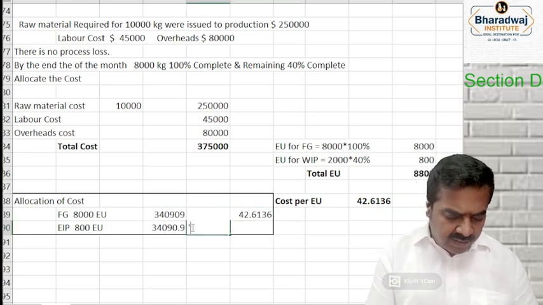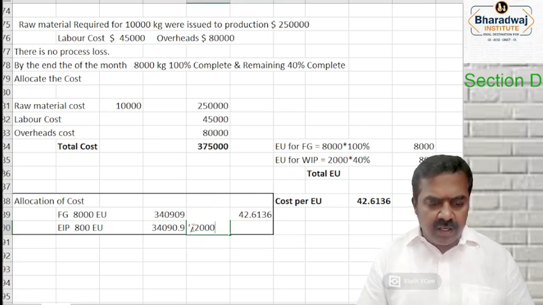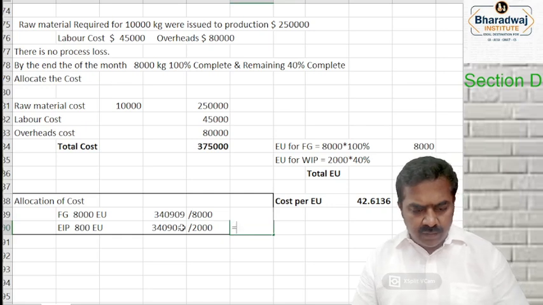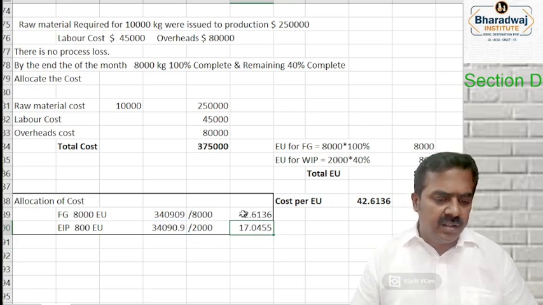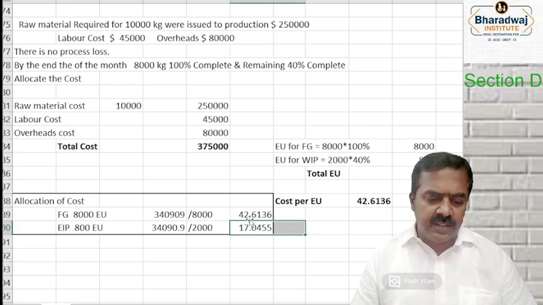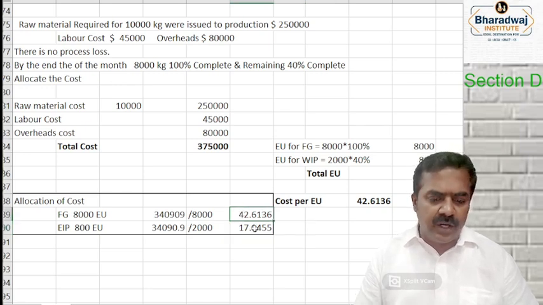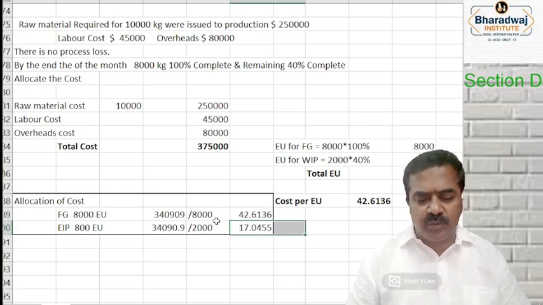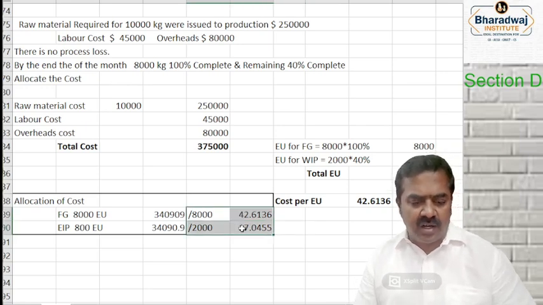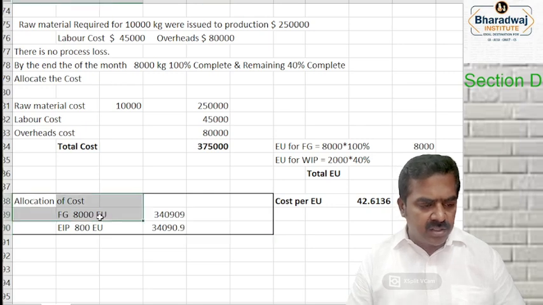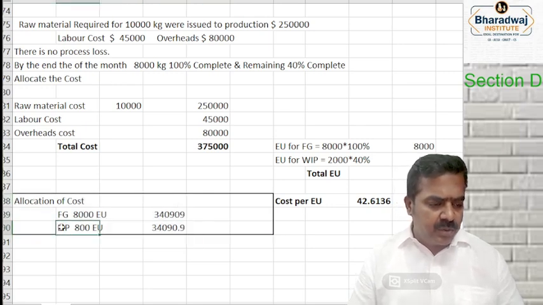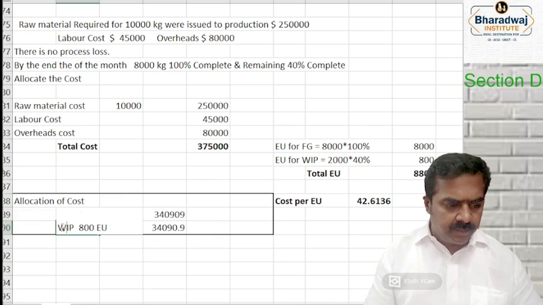This divided by WIP 2,000, you will get 17.04. This is 100%, this is 40%. If 100% is 42, 40% will be 17.04, like that. That is only for our understanding. This is how the cost is allocated between finished goods and which one? Work in progress.